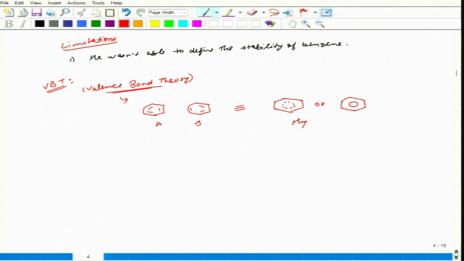So, these are the hybrid structure of benzene, and this hybrid structure is a resonance form of the 2 canonical forms.